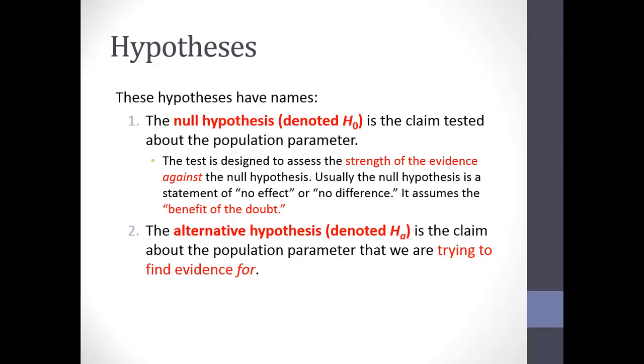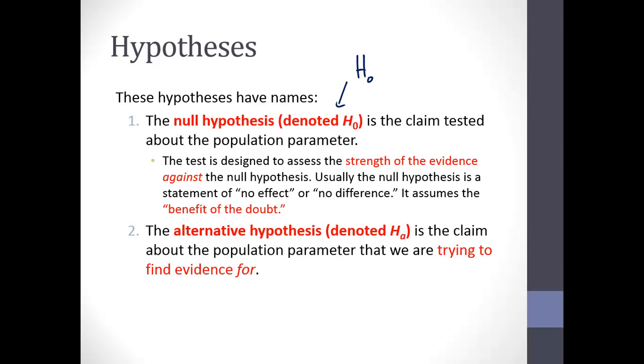The first one is called the null hypothesis. We're going to denote it H sub 0. That is the claim that we're interested in testing about the population parameter, whatever that parameter might be.